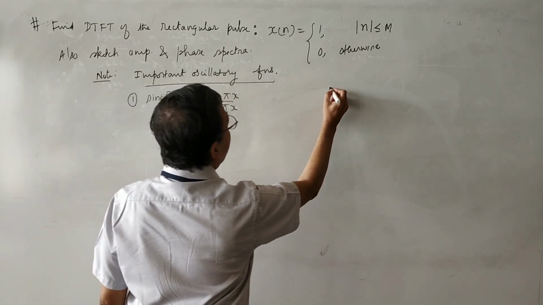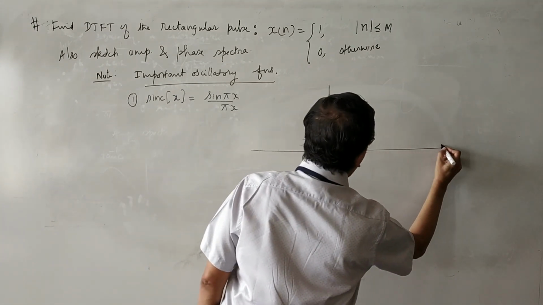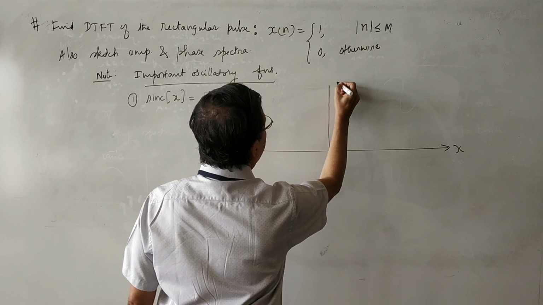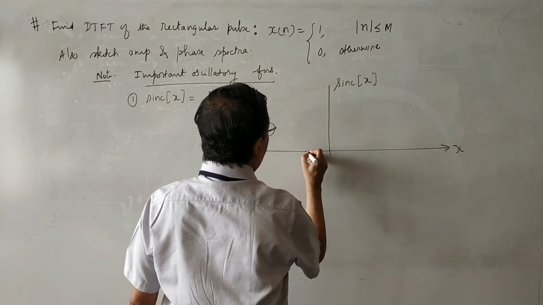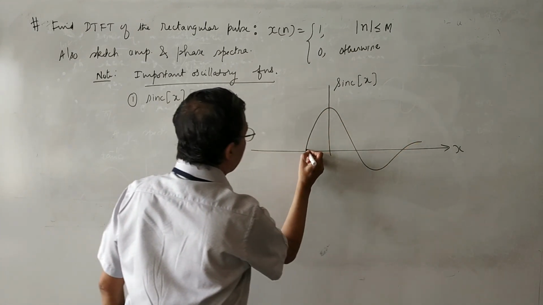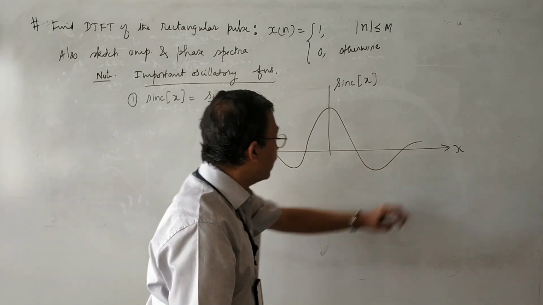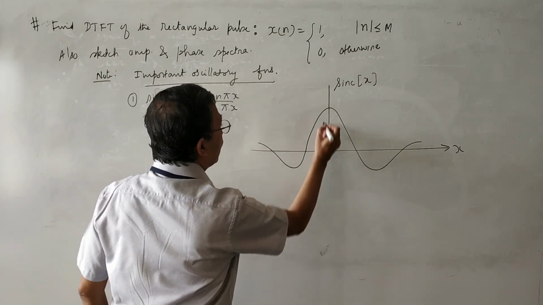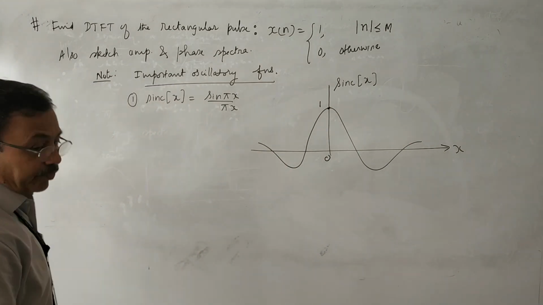Sinc x appears like this when plotted. Y-axis is sinc x. You have got an oscillating sine function like this. The oscillations keep decreasing as x increases. At x equal to 0, the amplitude is 1. This is called sinc function.